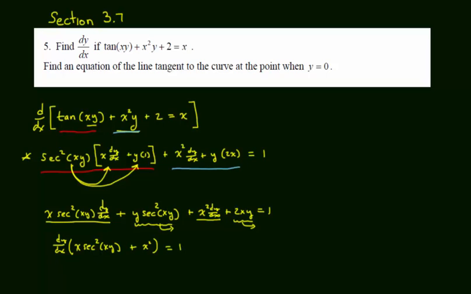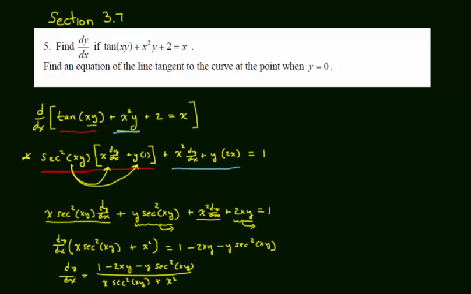So that's going to equal 1 minus 2xy minus y secant squared xy. Our last step here is to get dy/dx by itself. So I'm going to divide both sides by that entire quantity. So that's dy/dx.